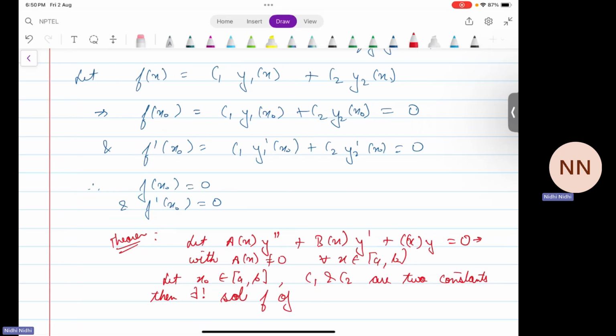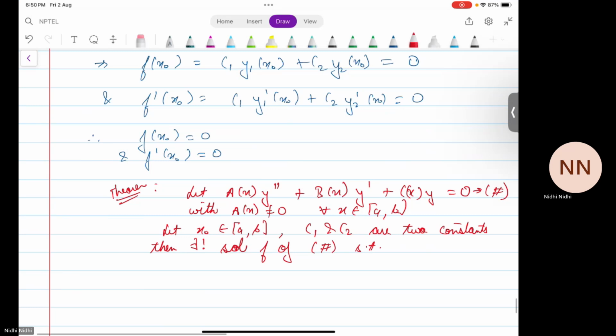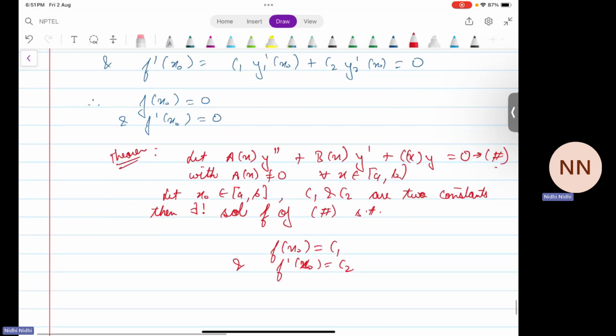Let me mark it as hash. There exists a unique solution f of hash such that f at x naught is equal to c1 and f dash at x naught is equal to c2. That means there exists one and only one solution of equation hash such that this function takes value c1 at x naught and its derivative at x naught is c2.